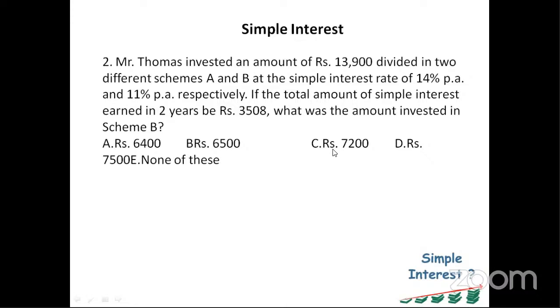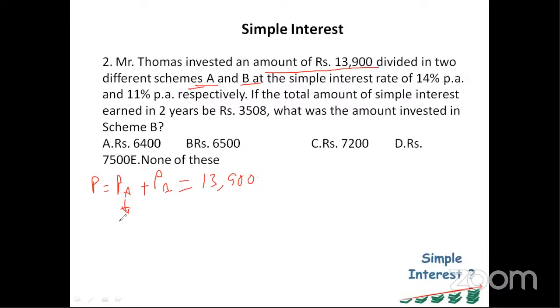So observe carefully. His total principal, you can take it as P, is divided into PA and PB. What is the total principal he has? He invested an amount of rupees 13,900. So his total principal was 13,900. Since we don't have the individual principal amounts, we are supposed to find them out. We will take the principal invested in scheme A as PA, and in scheme B as PB.